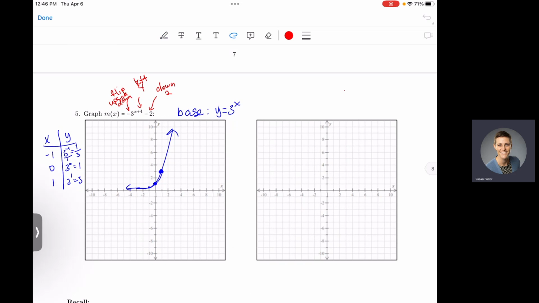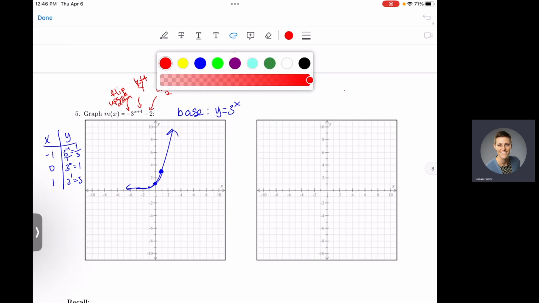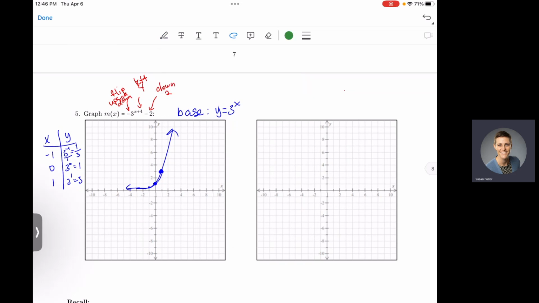All right, so what we're going to do first, I'll switch to green. The first thing that we're going to do is shift left and right. So we're going to go left 4 first. I'm going to take these two main points that we have, the (0, 1) and the (1, 3). Those are the easiest to move around. Those are the 2 points I'm going to use to shape my graph here.